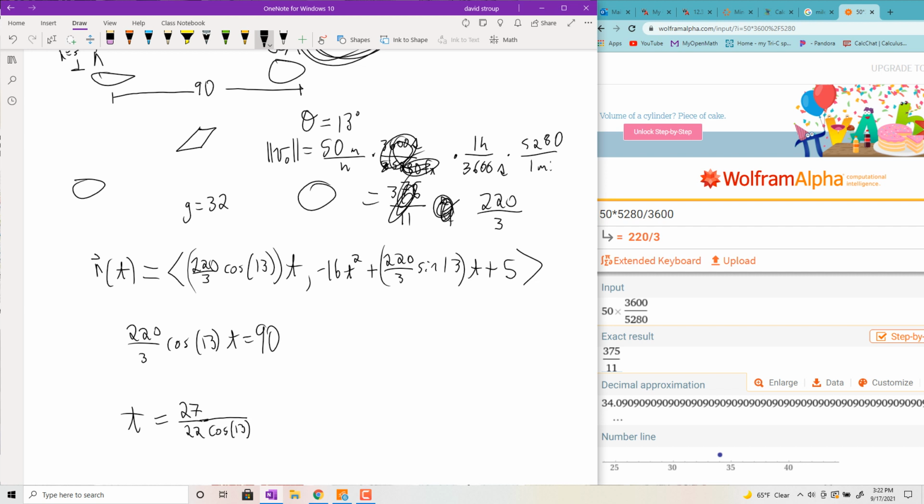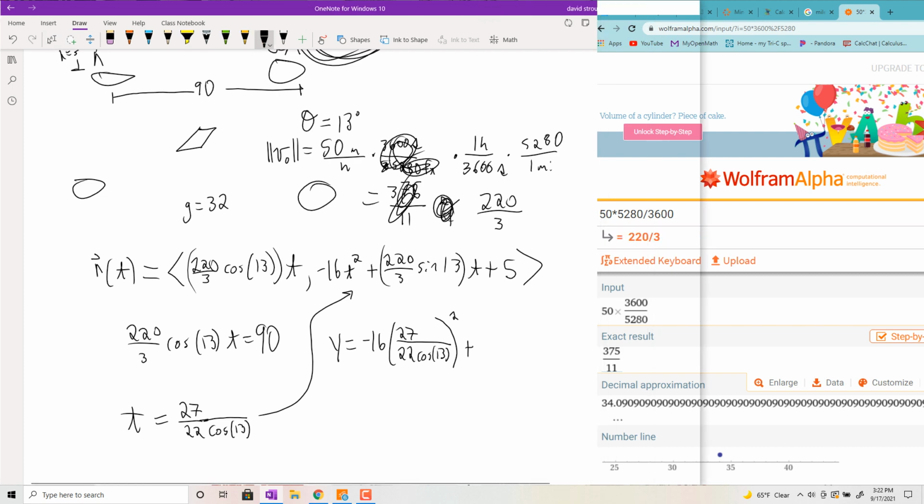All right, so the 90 is good, 270, okay. Then I'm going to plop this t value into this formula, and that should tell me the y coordinate. So y would equal negative 16, and then I got to plop this guy in, which is a nightmare, squared, plus this next guy times t.